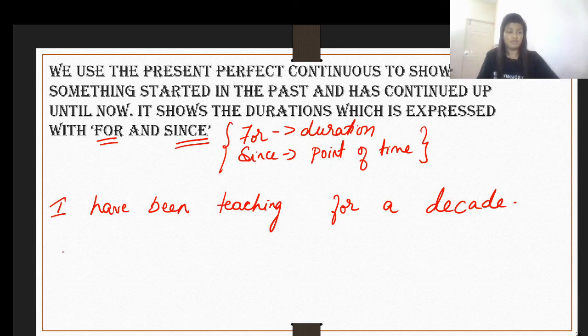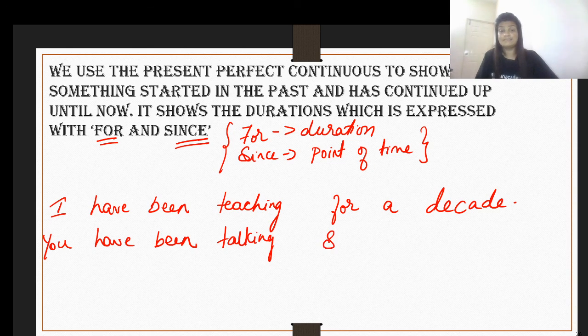Let me give you the other examples. That is you. Of course, you're going to use the same be verbs because you are using the subject you. You have been talking since I left. Full stop. Let us take an example with we.